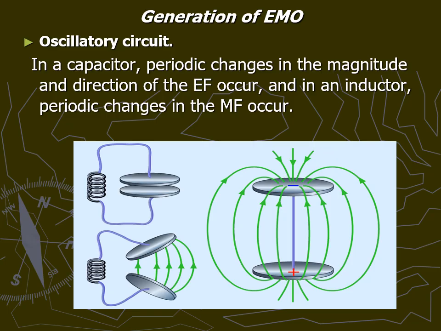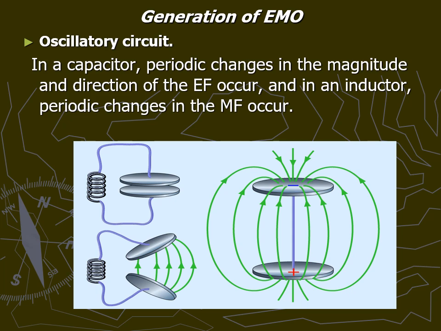The first figure shows a closed oscillatory circuit, which consists of an inductor and a capacitor. If we observe electromagnetic oscillations in such a circuit, then they will be confined to this circuit and will not propagate in space.